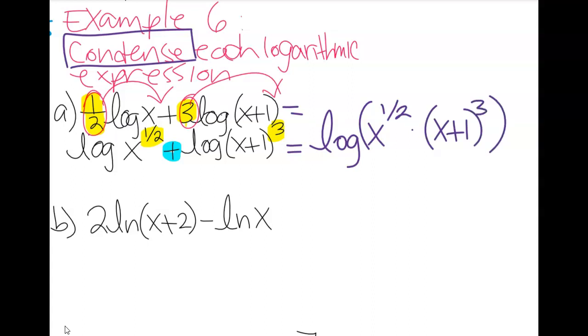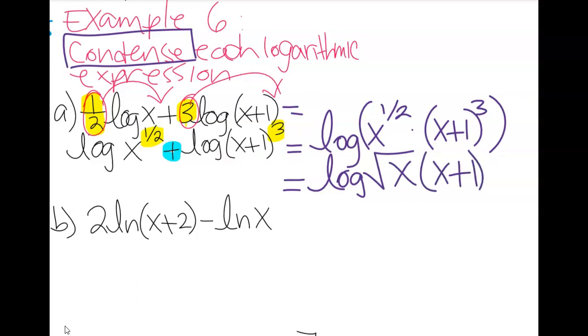So it could look like something like that. And of course, we could simplify it a little bit, or just change the exponent so it's an actual square root. So it could be the square root of x times x plus 1 to the power 3. And that could also be a good way to write the answer.